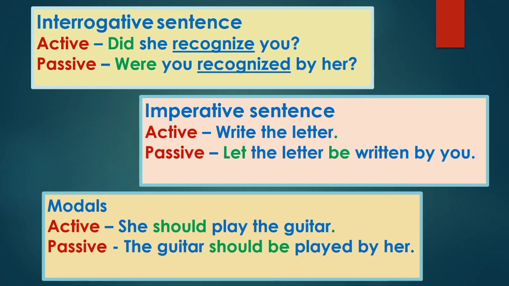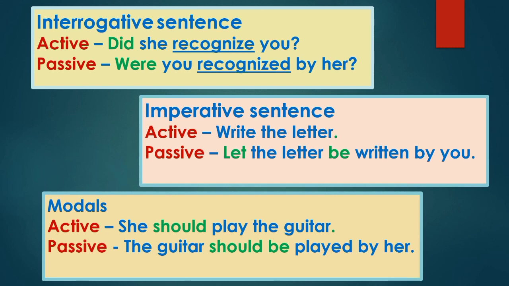If we have to change the imperative sentences, we will use "let" and "be" to make the passive form. As we have the sentence, "Write the letter." We don't have the subject here. So, we will use "let" at the first hand. Then we will add "the letter" here. As according to the rule I have told you earlier, we will use "let" and "be" to change it into passive.